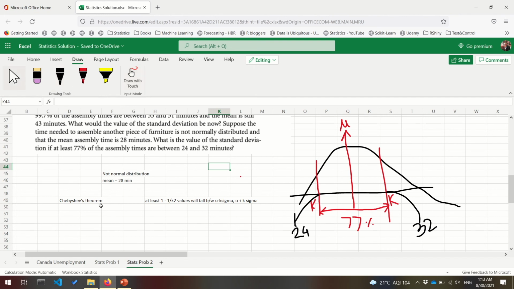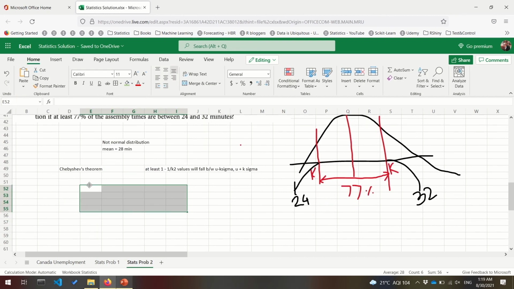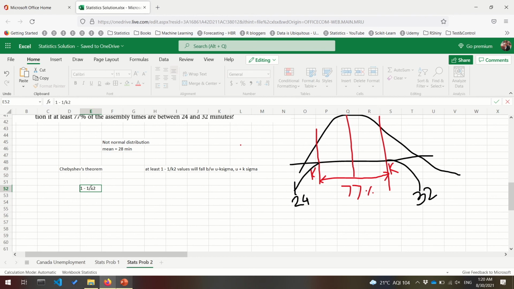Now let's solve it. The first thing that we need to do is find the value of k, because we have the information that 77% of data points fall under this region, and we know that 1 minus 1 by k square is the percentage value. So let's say 1 minus 1 by k square is equal to 0.77.